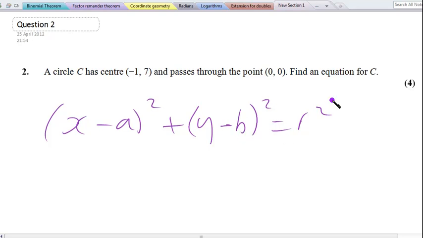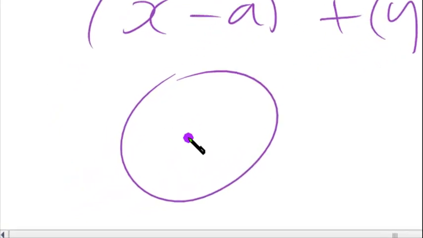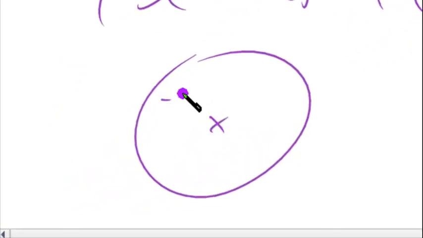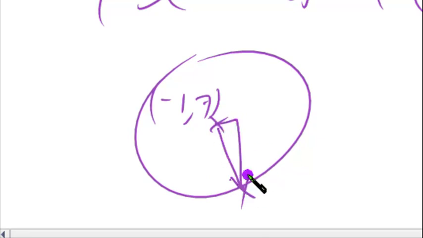So we're going to find r. And the way we find r is we will need to find the radius of the circle. The easiest way to do that is we should take the centre, minus 1, 7, and we know that it goes through the point 0, 0, which will be about here somewhere. So we need to find the radius by using Pythagoras. We know that this distance will be 1, and this distance here of our triangle will be 7.